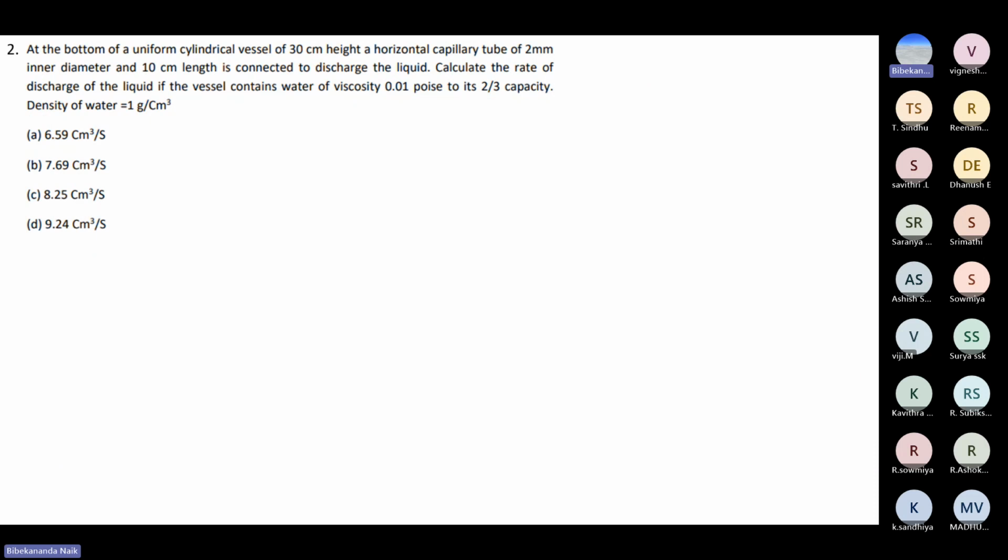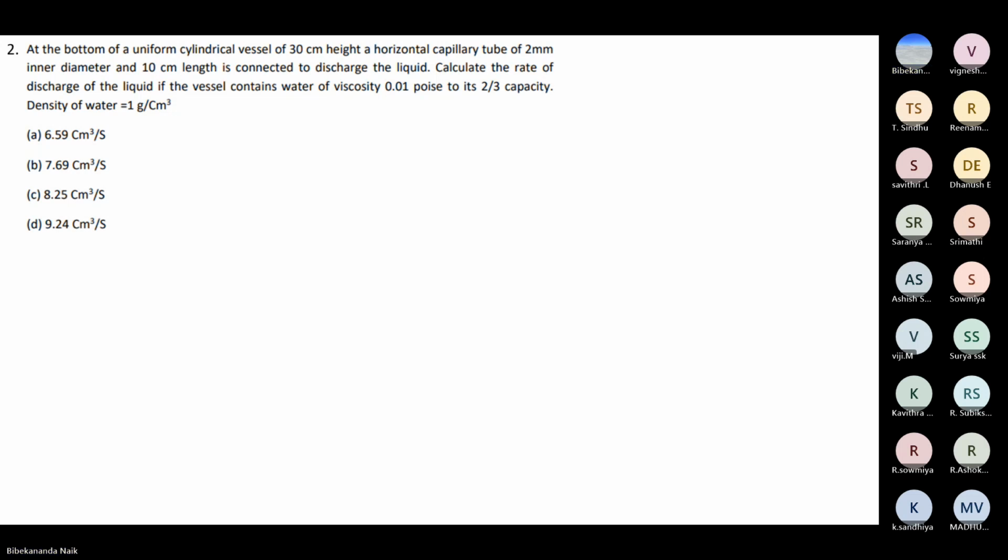The question says: at the bottom of a uniform cylindrical vessel of 30 centimeter height, a horizontal capillary tube of 2 mm inner diameter and 10 centimeter length is connected to discharge the liquid. Calculate the rate of discharge of the liquid if the vessel contains water of viscosity 0.01 poise to its 2/3 capacity, and the given density of water is 1 gram per centimeter cube.